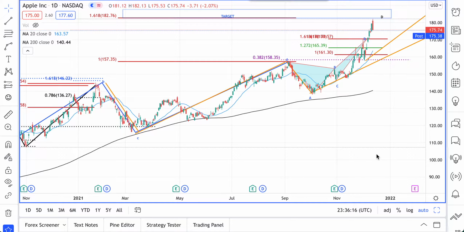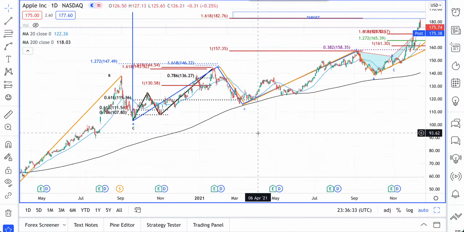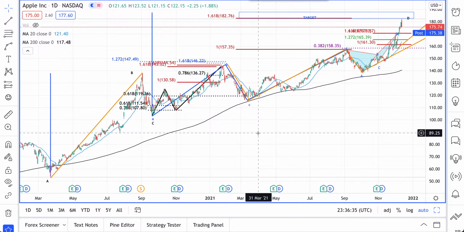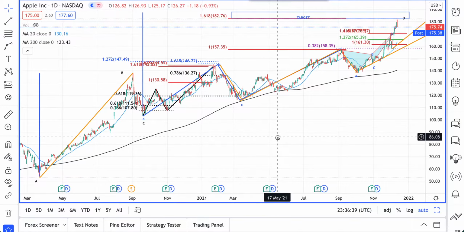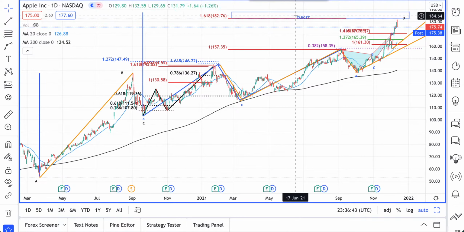With the disclaimers out of the way, in previous videos we were looking at this level as the possible target because of a number of ABCD patterns completing here. Please go and watch the previous videos on the channel, where we go in more depth about how we achieve this.